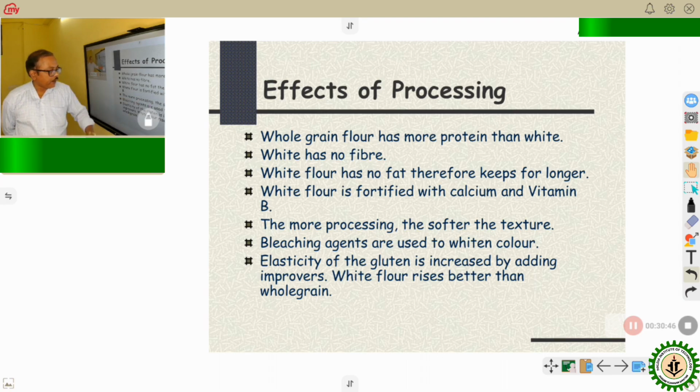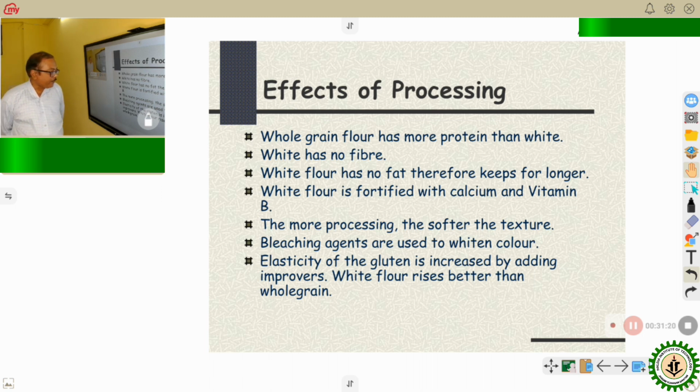Aging operation is storage under definite atmospheric conditions, where the moisture equilibrates and the flour becomes more valuable. So this aging process is also done in the case of wheat flour production. The more processing, the softer is the texture. Bleaching agents are used to whiten, as I have stated. Elasticity of the gluten is increased by adding improvers.